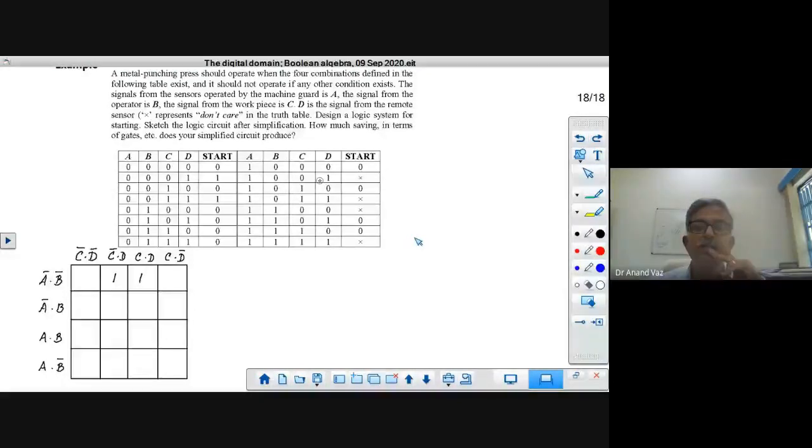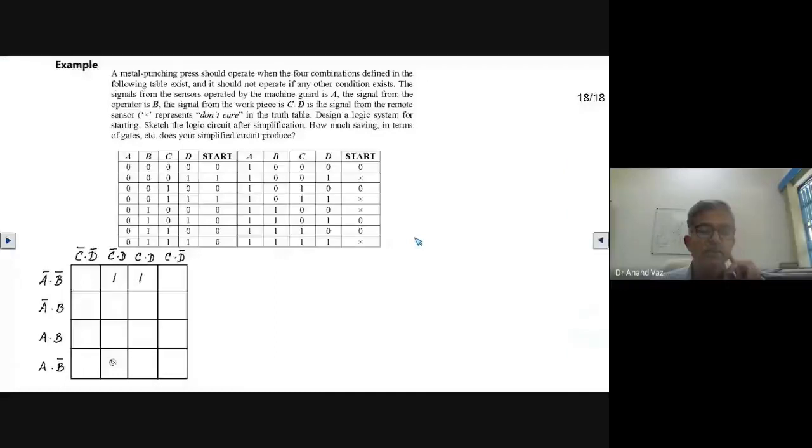Not C, D. Yeah. Okay. So it will be here in this column. So A and not B, not C and D. Yeah. So the cross will come here. Okay. Then we have A and not B, C and D. So the cross will come here.